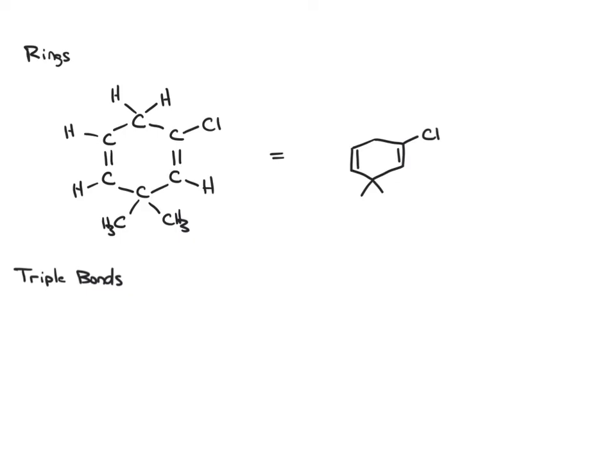The second thing we'll look at are triple bonds. So let's say we want to convert this triple bonded structure into a skeletal structure. What a lot of people will do is draw these 5 atoms, 1, 2, 3, 4, 5, right?